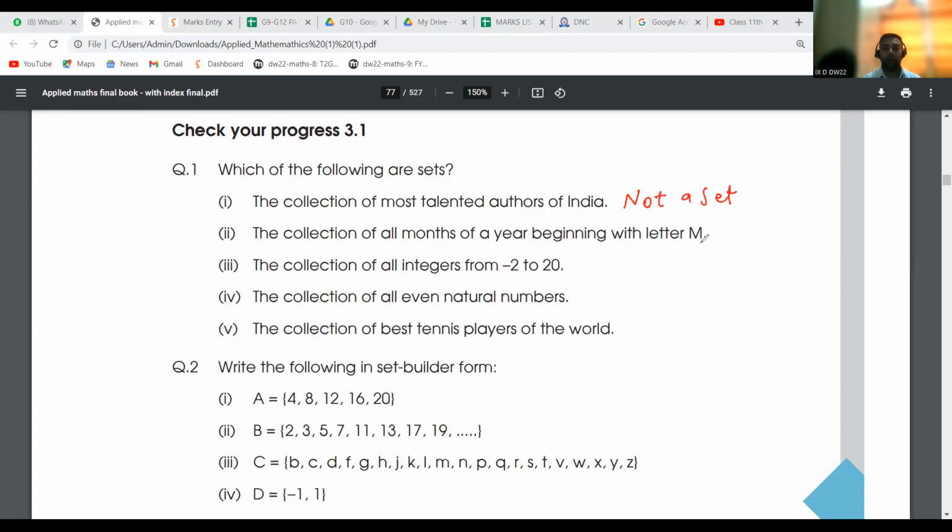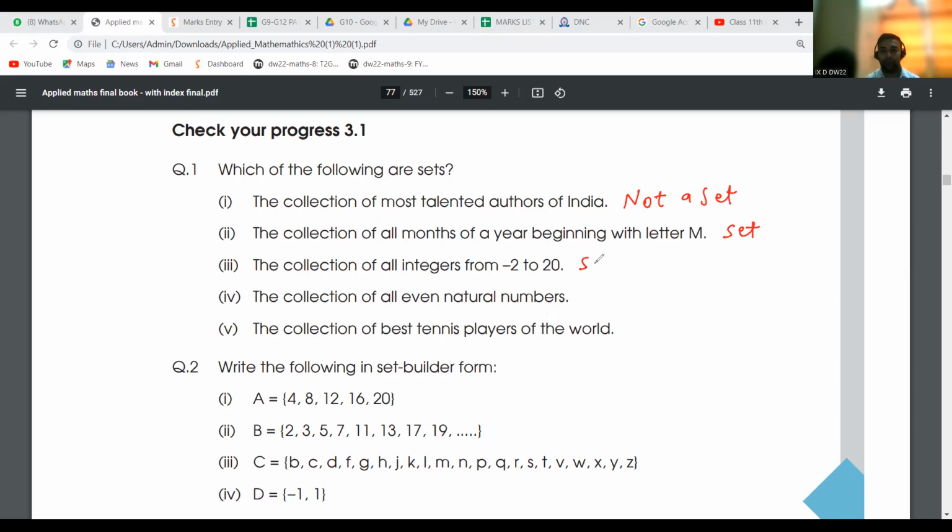Then the collection of all months of a year beginning with letter M. There are a few months only which are beginning with letter M. For example, March, May. Yeah, that's it. And therefore it will be a set because everyone will answer the same thing. Then collection of all integers from -2 to 20.